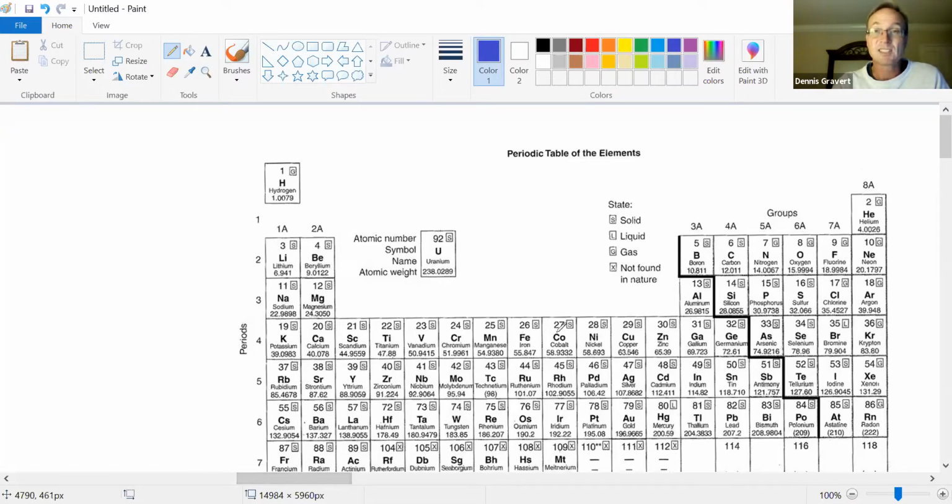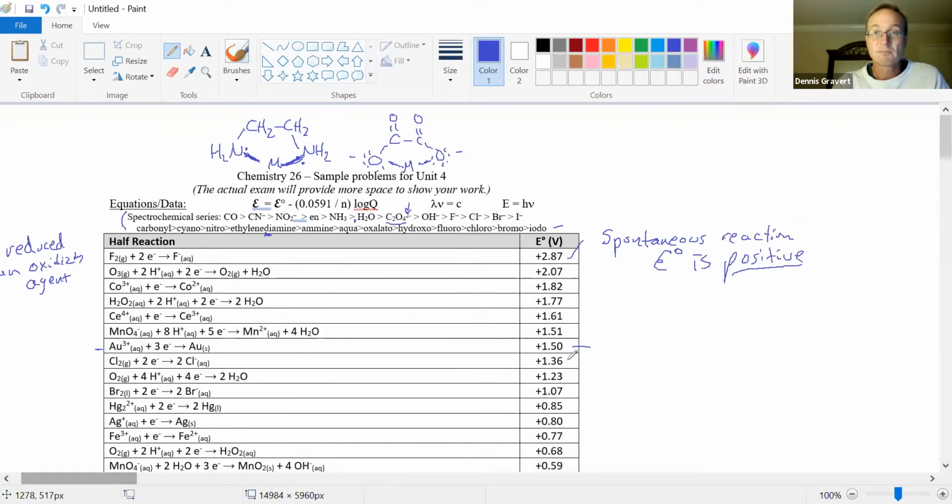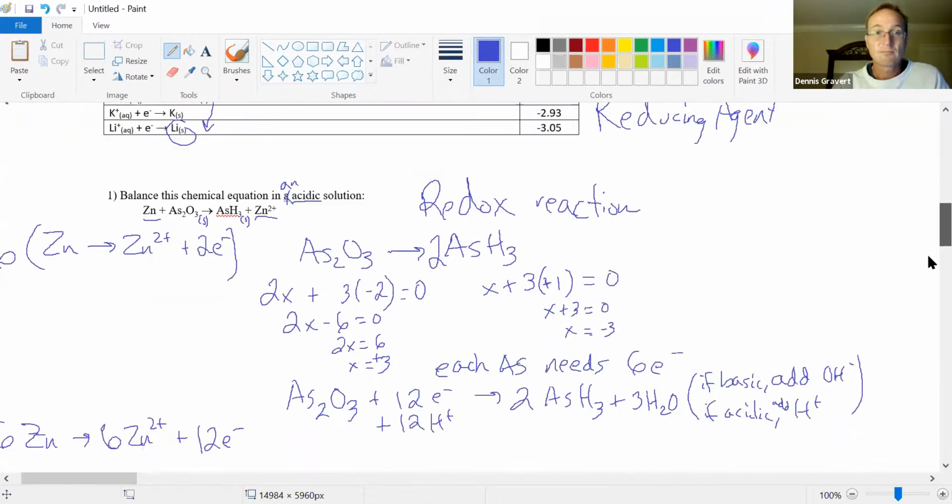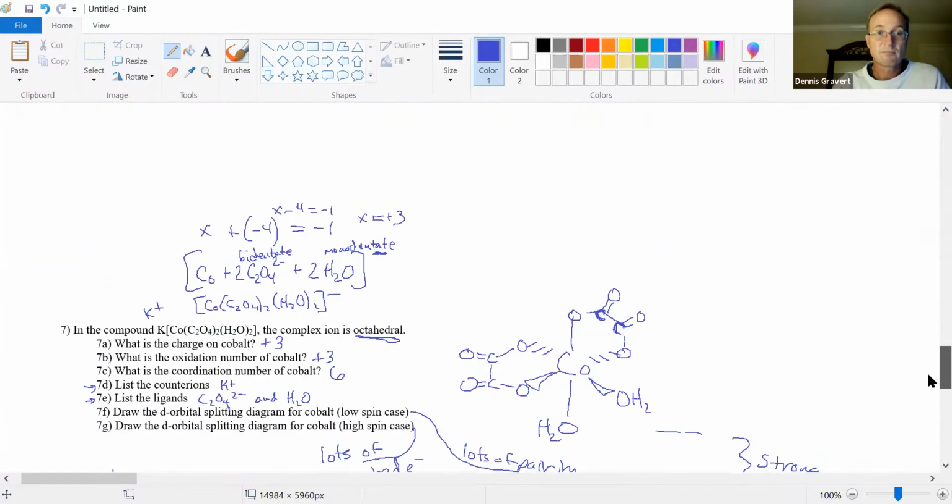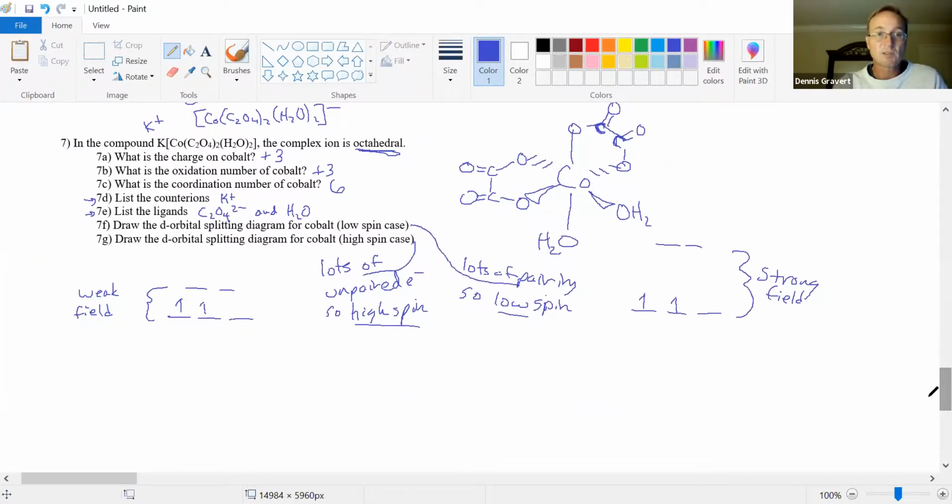But the key is there's 7 d electrons. Okay, so cobalt has the electron configuration of argon, the 4s2, and then 3d7.